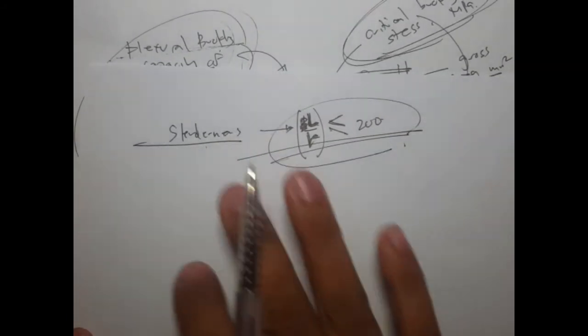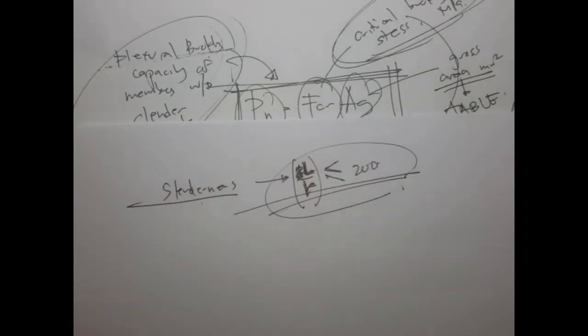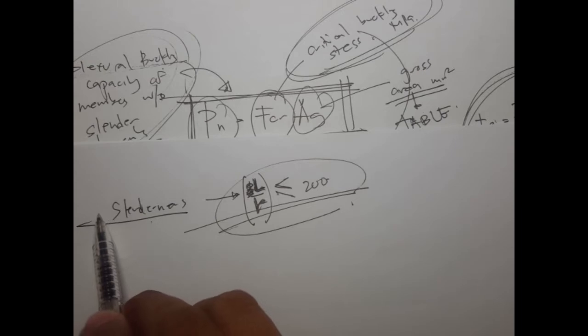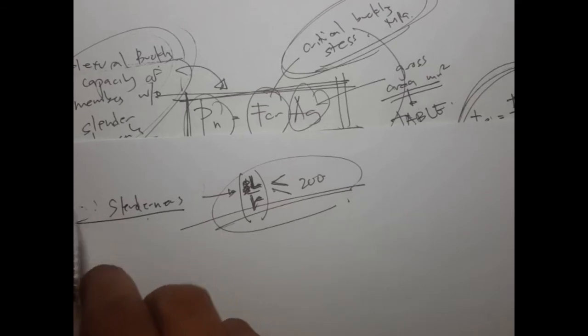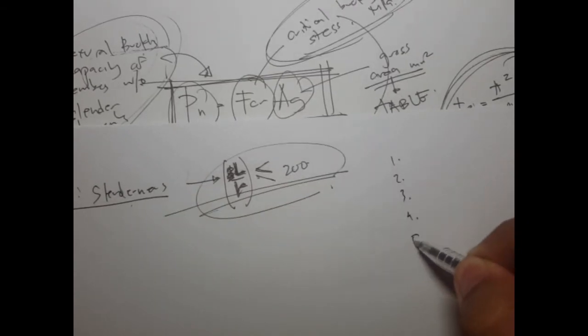Slenderness is also one of the limit states, as I remember that's also included in the limit states for tension members. So meaning we have three, four, five.